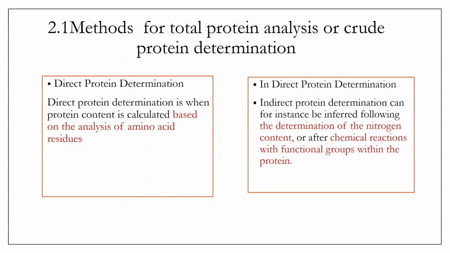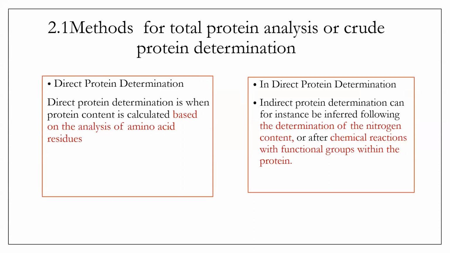Okay, so there are two methods for total protein analysis and crude protein determination. The first way is direct protein determination. This is done by analysis of amino acid residues.